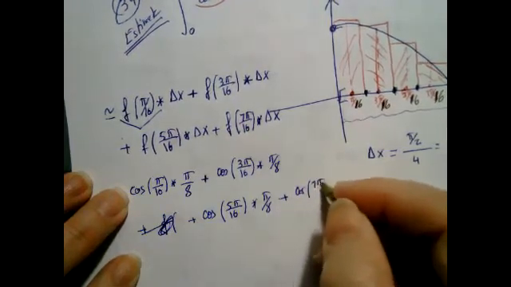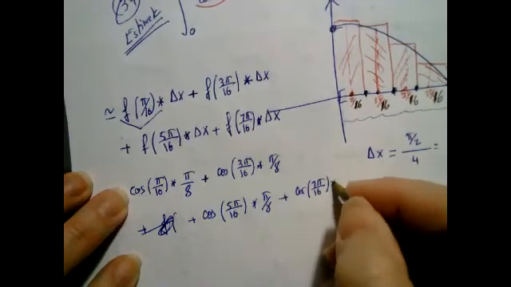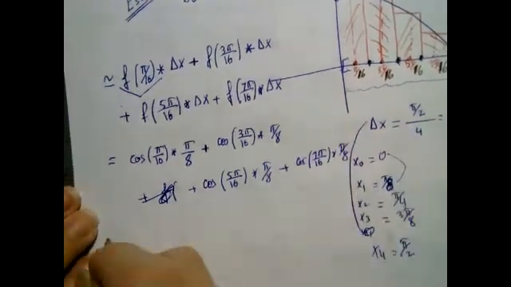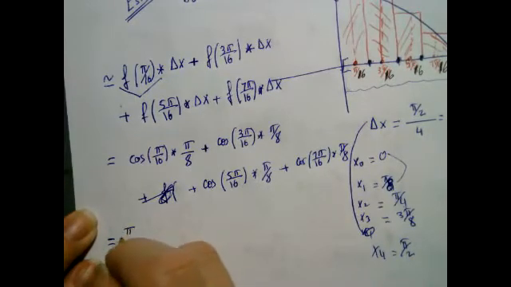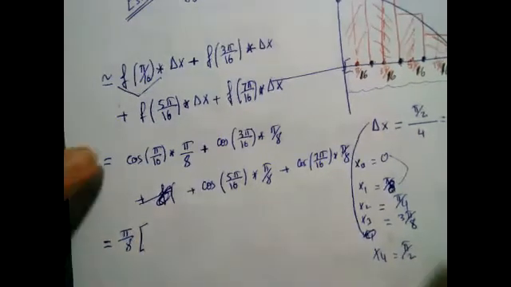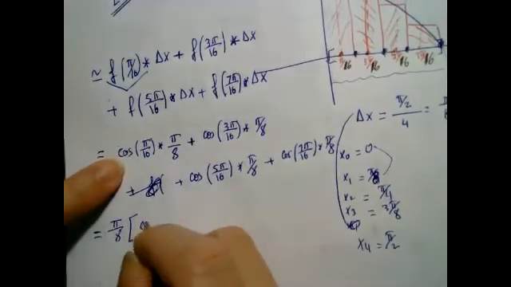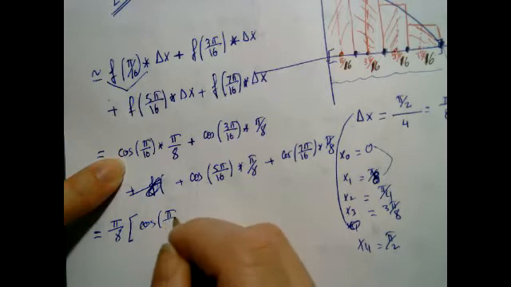Cosine at 7 pi over 16 times pi over 8. Now the rest is I just need to compute. In the computation, I can factor out the pi over 8, and then I will have those sums that we can evaluate.